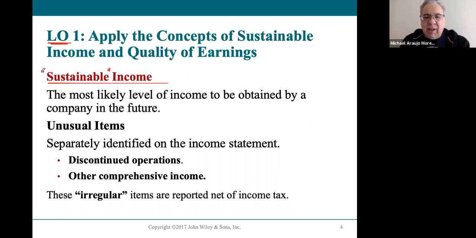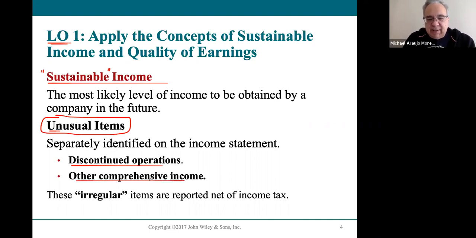Okay. What interferes with sustainable income? Well, two things that we're going to be learning about. They're called unusual items because they are unusual. The first thing you'll be learning about is something called the discontinued operation. And then we are going to get into a little bit more detail in comprehensive income.